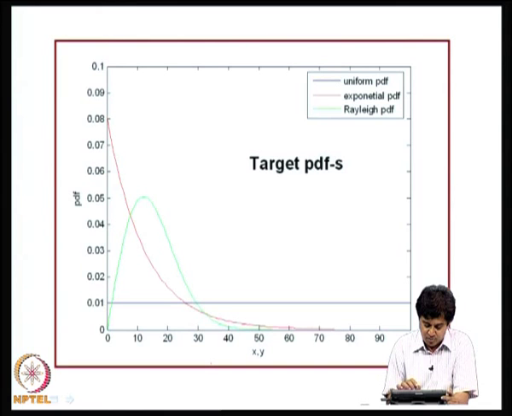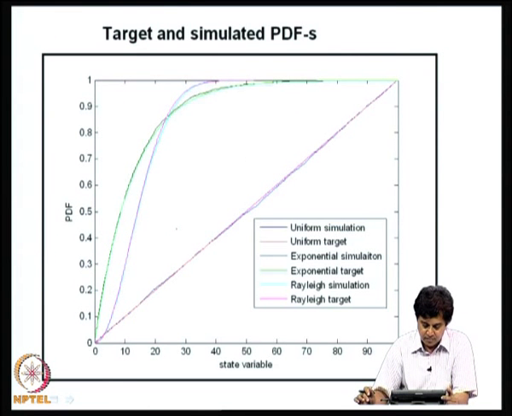Now, some displays of these results. The 3 target probability density functions are shown here. This blue is a uniform, this is an exponential, this is Rayleigh. These are the simulated PDFs.